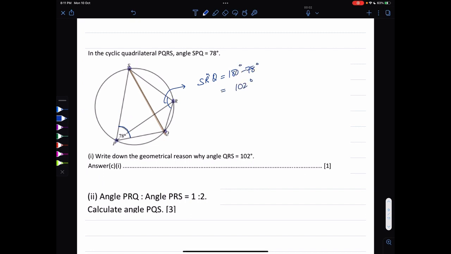This is why the angle QRS or SRQ is going to be 102 degrees, because these two angles are the angles in the opposite segments. Remember the property, angles in opposite segments are supplementary.